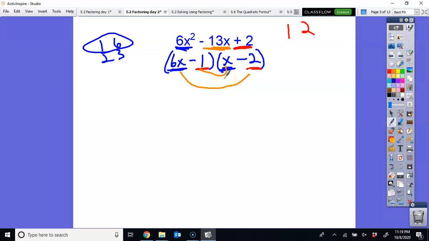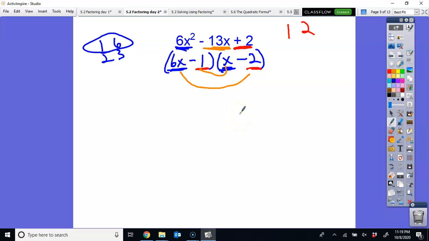And that's the thing about factoring, sometimes I call it an educated guess and check. You may have to do a couple of tries before you get the right numbers in the right spots. But it will not work if you don't put 6 here, multiplied by the 2, that's -12, and -1 here, multiplied by the x, -12 and -1 is -13.